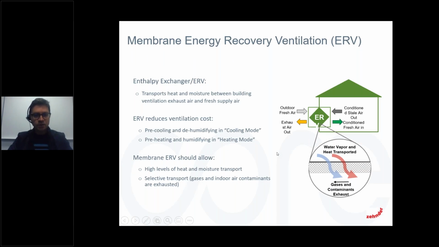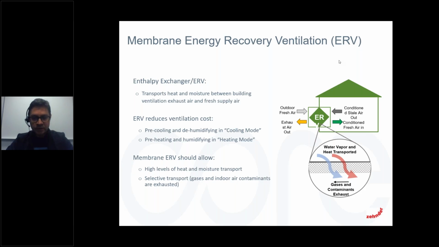So I think we've already talked quite a bit today about how an ERV works and what it does. Essentially, what we are doing in an ERV is passing exhaust air from a building over one surface of a membrane material and passing the supply air from outside over the other surface of a membrane material.